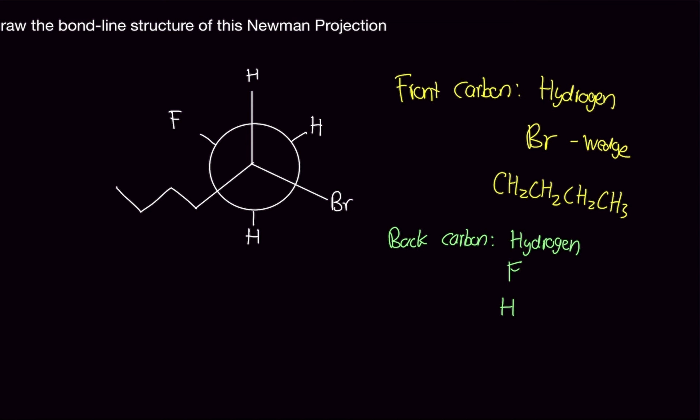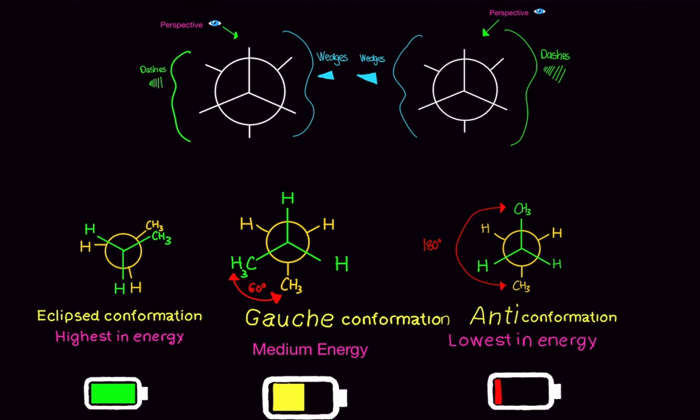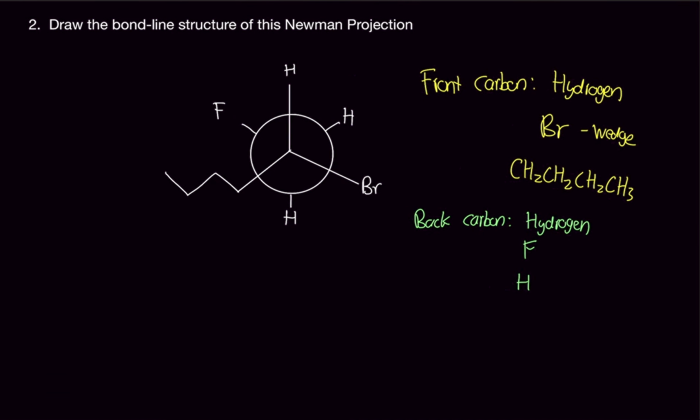That means that the CH2, CH2, CH2, CH3 on the left-hand side is going to be on a dash, because remember, perspective: wedges on the right, dashes on the left. The hydrogen's pointing up, so this is going to be in the up position.